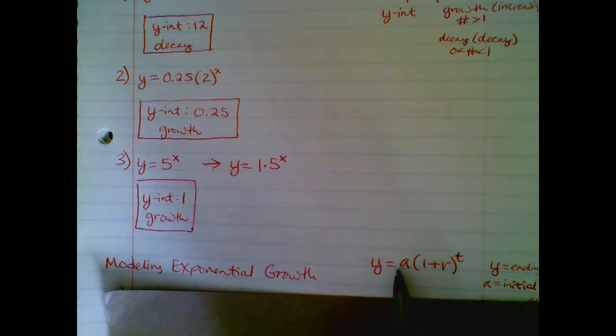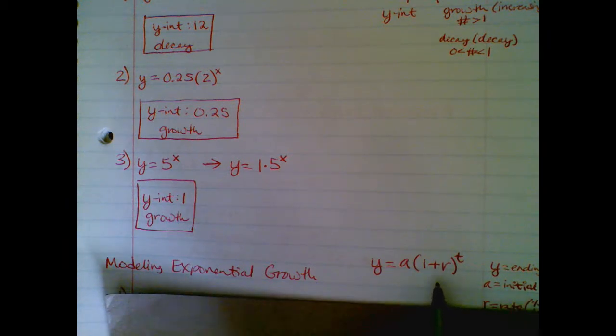Our a is still our y-intercept, or our initial amount in terms of a word problem. Our r stands for rate, so we're looking for a percentage, which we're going to change to a decimal, moving the decimal to the left 2 places. And then our t is going to be time, which should be in terms of years.